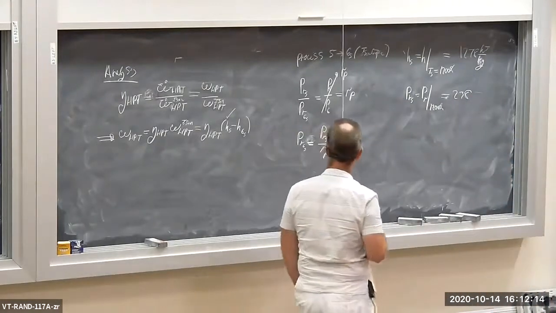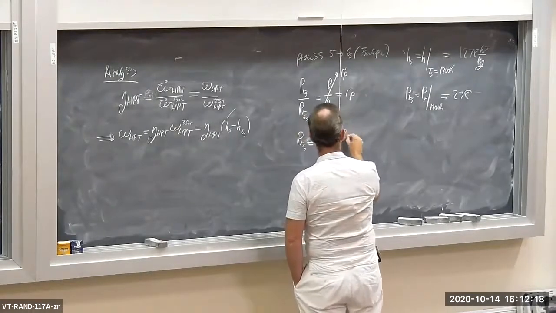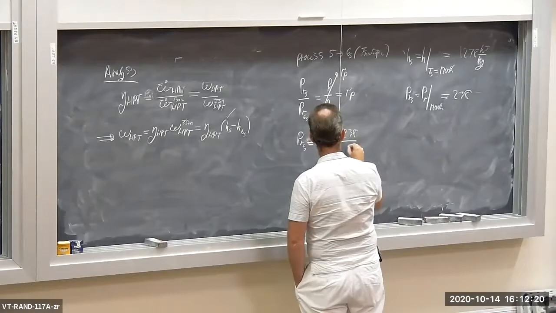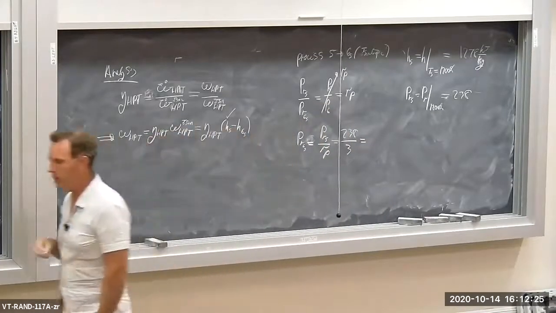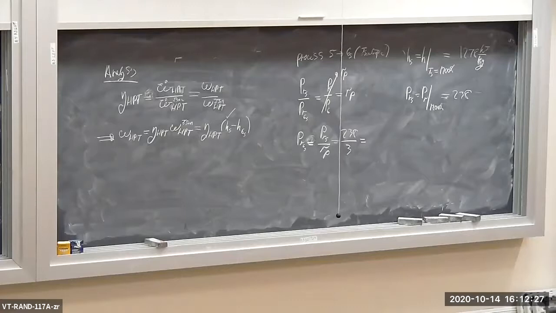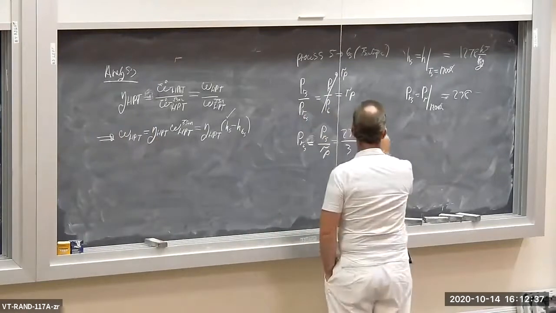Okay, so we have PR5, 238 divided by the pressure ratio, which is 3, and I end up with PR6 sub s, the reduced pressure at 6s, of 79.